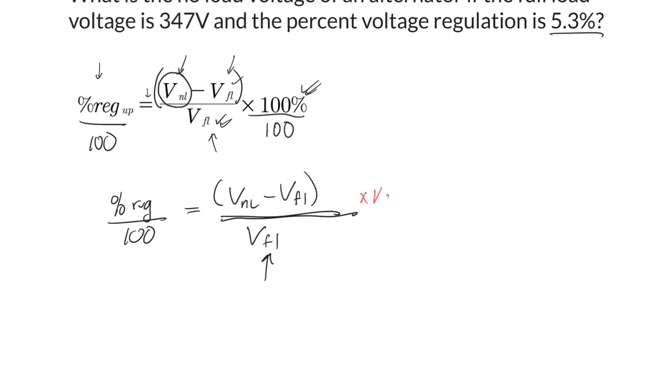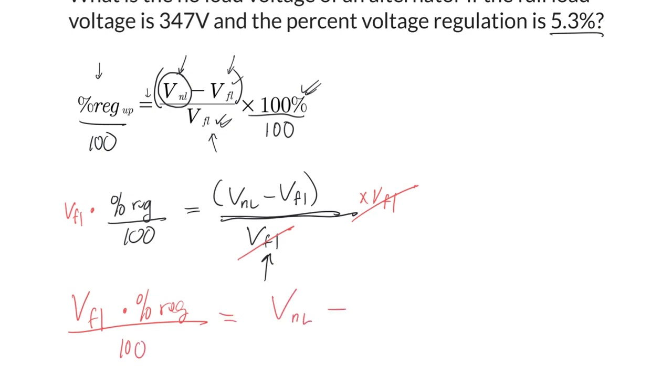So multiply both sides by VFL. Again, these will cancel. And so this is what I have so far. I have VFL times the percent reg divided by 100 is equal to VNL minus VFL.